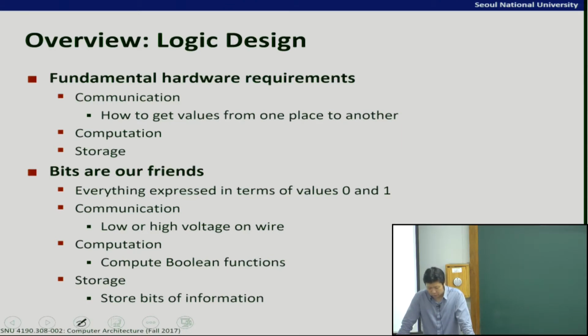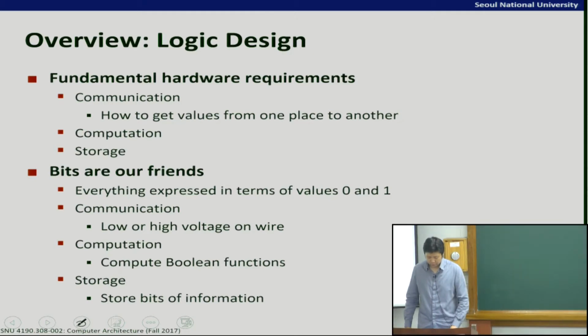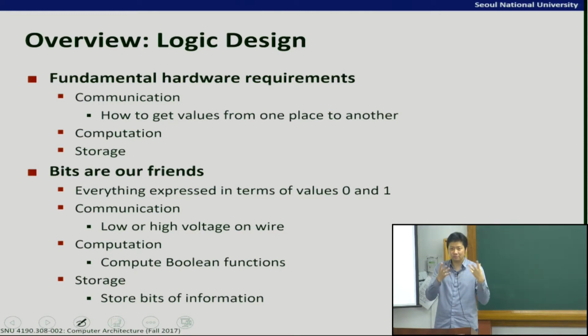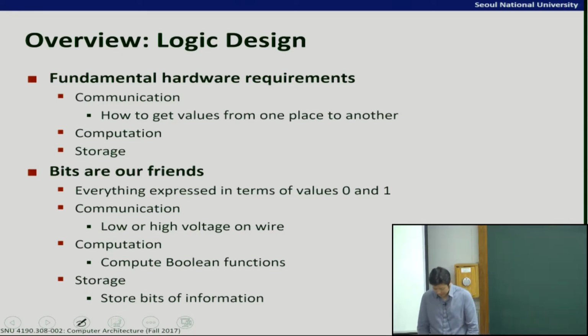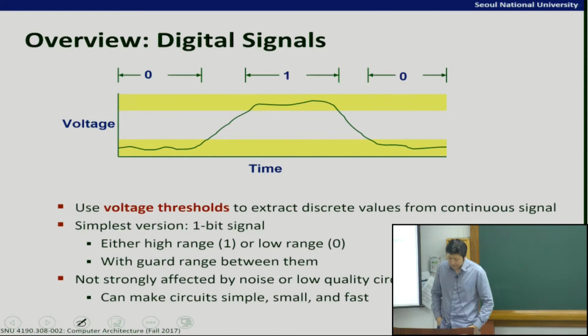For communication, we use the voltage level, low voltage or high voltage on a wire, to specify ones and zeros. For computation, we compute Boolean functions using bits, and for storage, we store bits of information using flip-flops and latches and so on. Hopefully you're familiar with all these concepts. So let's start with how we can represent a value of 1 and 0.